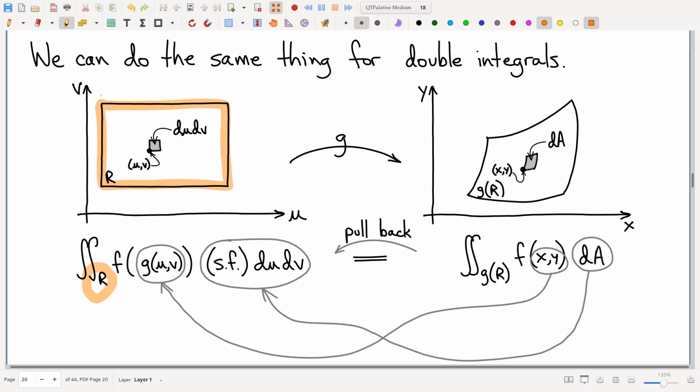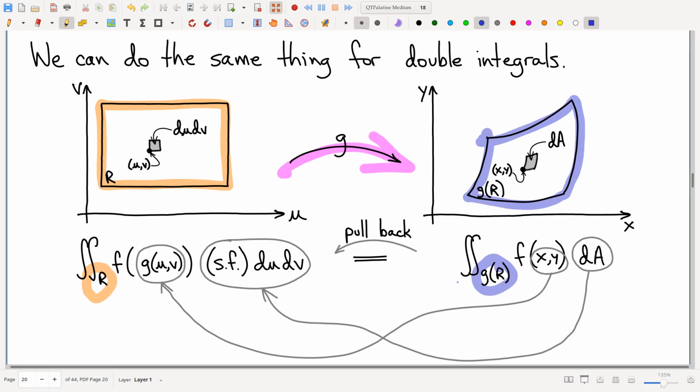Then I can talk about, well, for a change of variables function, for some function in the place of and playing the role analogous to a substitution function, that would have some image, which I don't know what that's going to look like, but it might be weird. That's going to be the domain for my integral on the right.